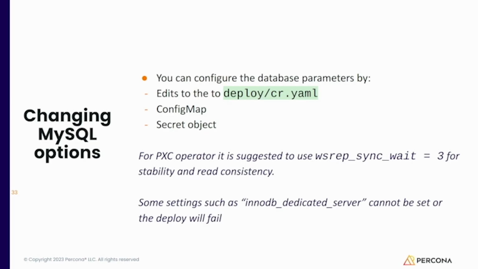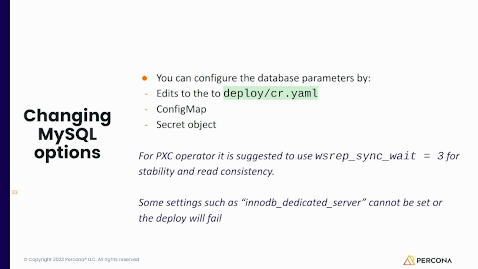Okay, changing MySQL options. Now I will talk a bit more about different ways of implementing changes or configuration. If you already have a PXC deployment, likely the configuration that you will be using on the deployment will be exactly the same or mostly the same. There are certain variables that you cannot set when using the PXC operator.